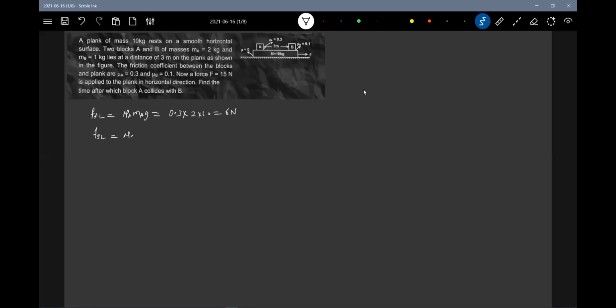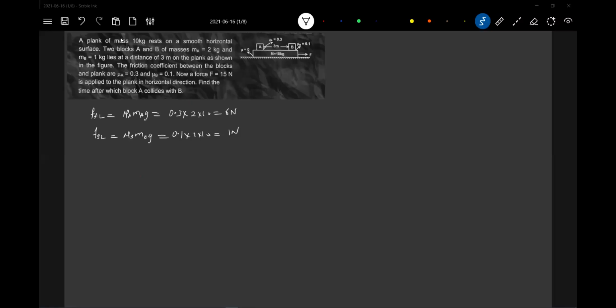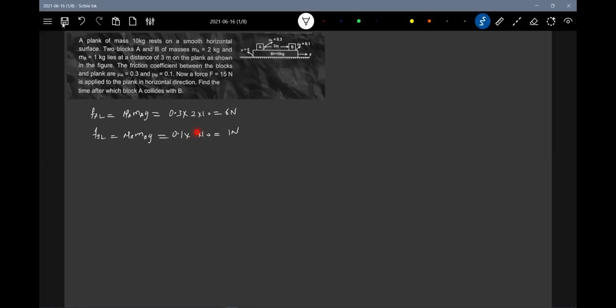Similarly, F_BL equals mu_B M_B g. Mu_B is 0.1, mass of the block 1, into 10. So this will be 1 Newton.